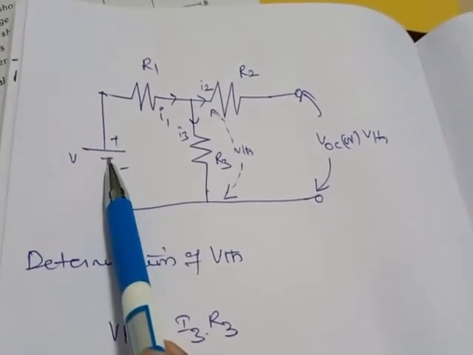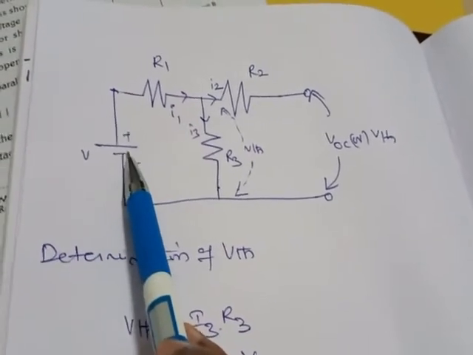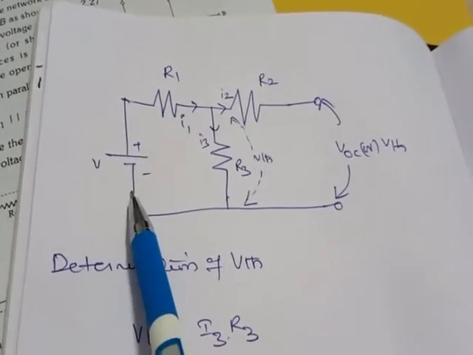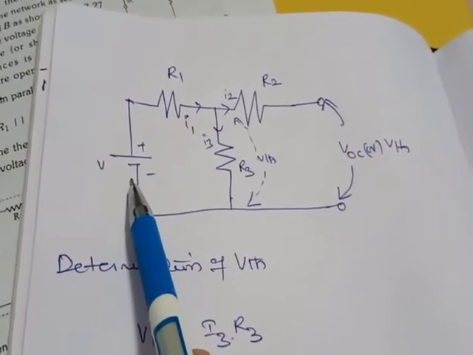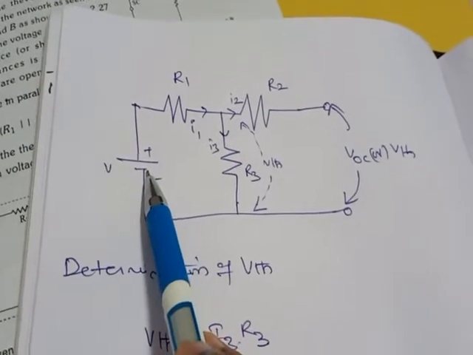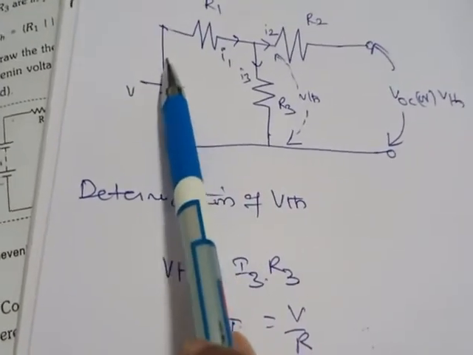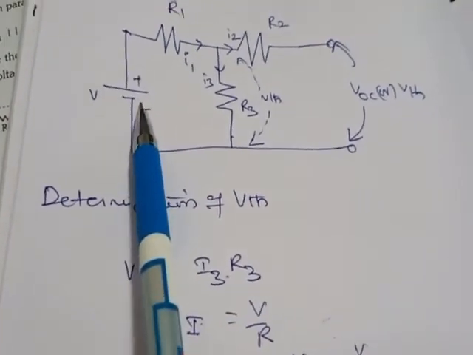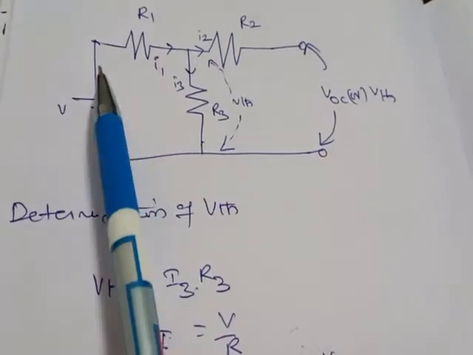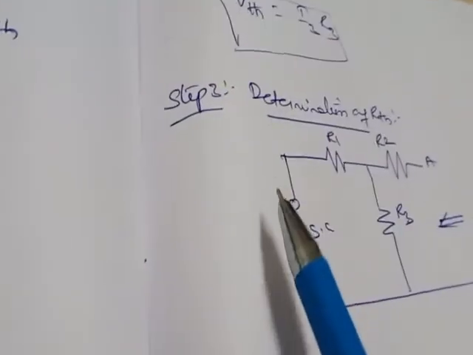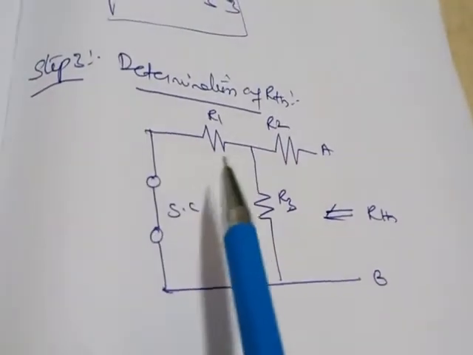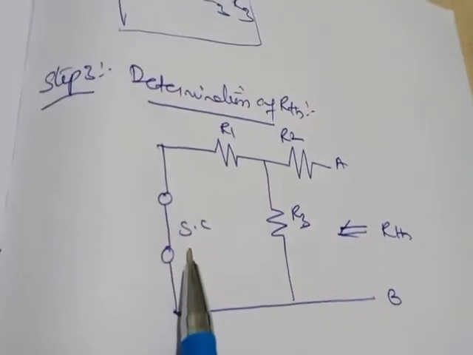Here we do not have any internal resistance, simply a voltage source, so represent that voltage source as a short circuit. If there is any current source, it has to be open circuited. In this figure we only have a voltage source, so it has to be short circuited.